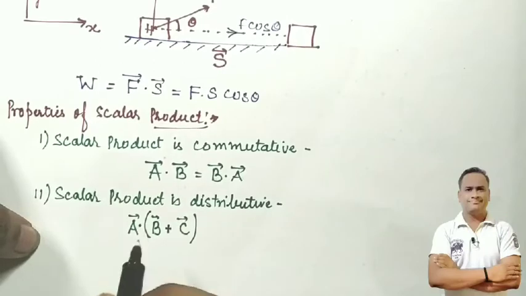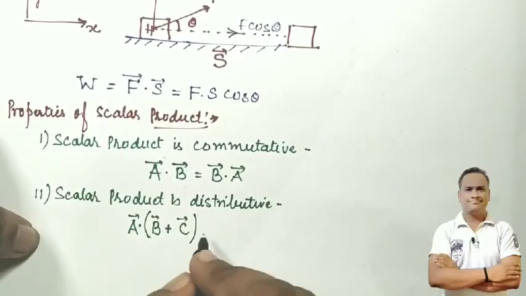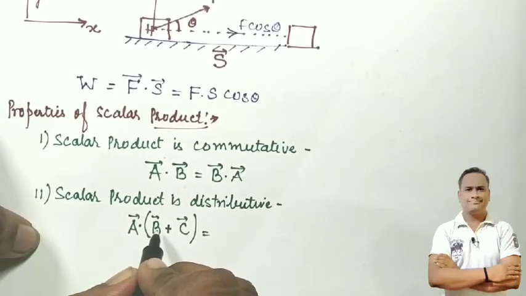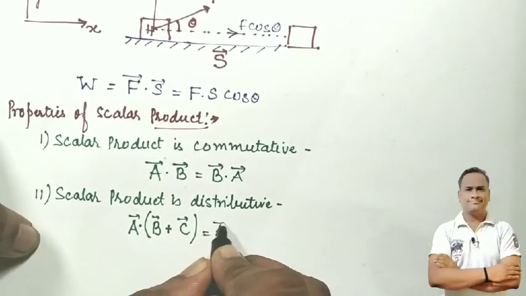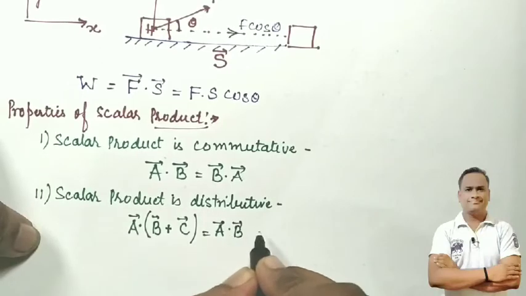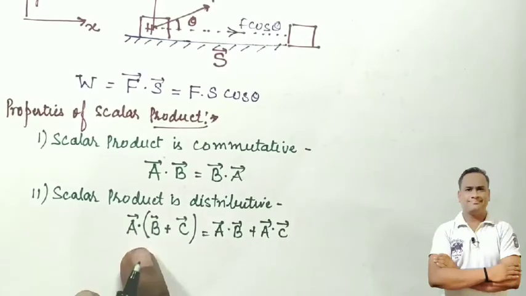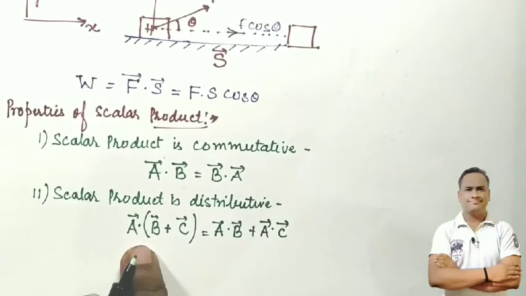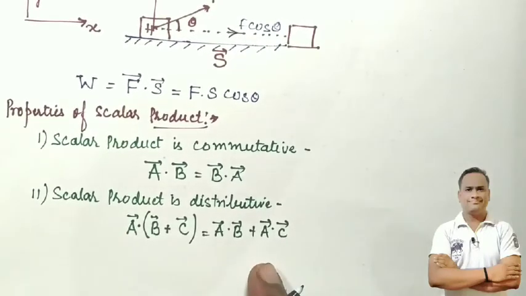Distributive means A will be distributed in the same manner over B and C. Here multiplication is the process, so A will be multiplied with B and A will be multiplied with C. So it will be equal to A dot B plus A dot C. This is the second property of the scalar product.